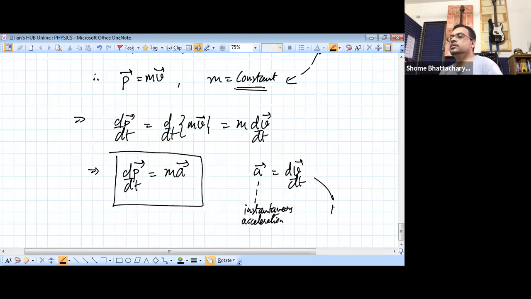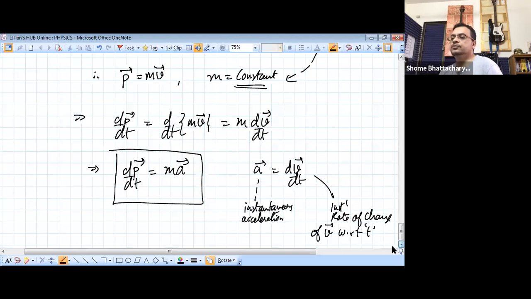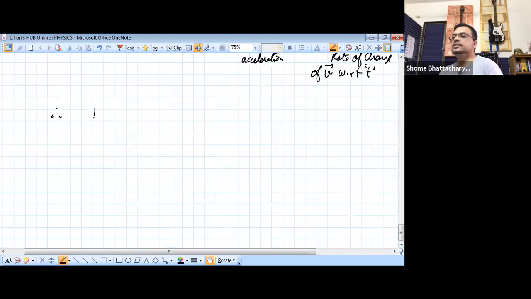This is nothing but the instantaneous rate of change of velocity with respect to time. So that is the definition of acceleration. Therefore, we can say that the net external force, which is in general the rate of change of linear momentum, becomes equal to mass into acceleration, but only when mass m is constant.